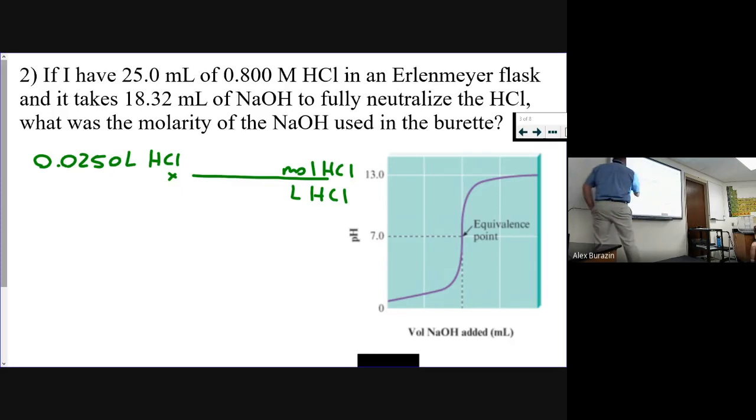And then I'm going to go from my moles of acid to moles of base. Again, this is the point last year where we would have gone from acid to H, H to OH, OH to base. We're skipping all that because we can do the ratio by just eyeballing it because we're smart enough. We're not going to screw it up.